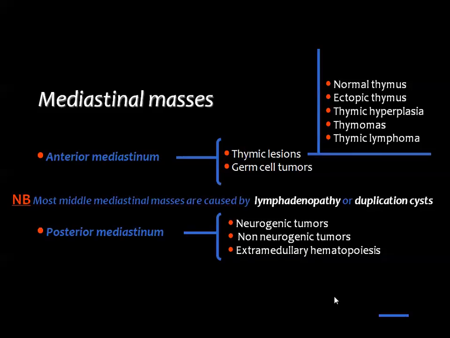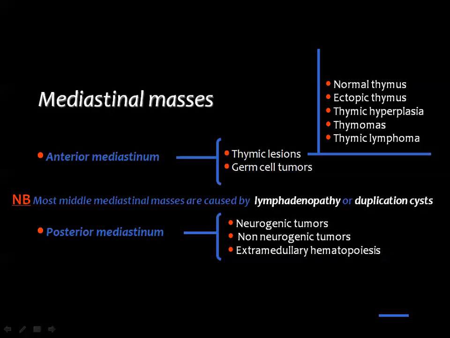And you know that each mediastinum, the anterior, middle, and posterior, should have cyst, hernia, and lymph nodes. Then, beside these lesions, you may have other specific lesions for each mediastinum.